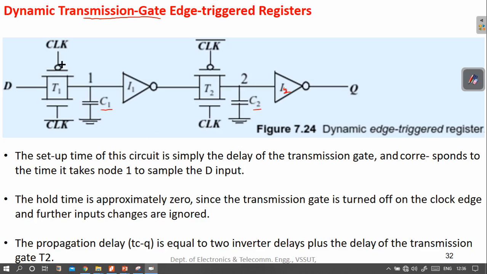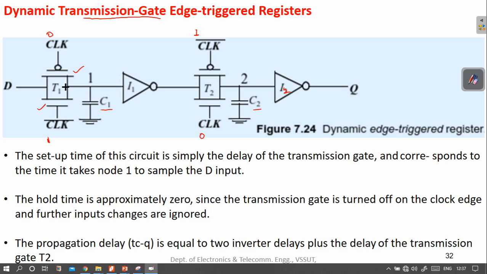So let's see, when clock is 0, clock bar becomes 1. Which transmission gate is active, is on? This one, T1, because a logic 0 at the gate of the PMOS will make this PMOS on, and a high input at the gate of NMOS will make this on.